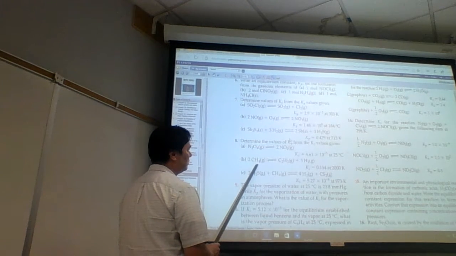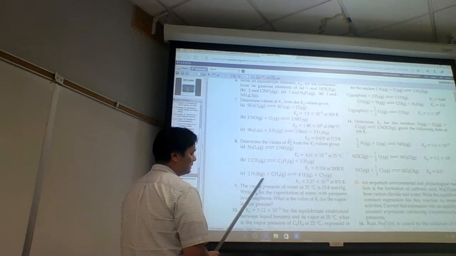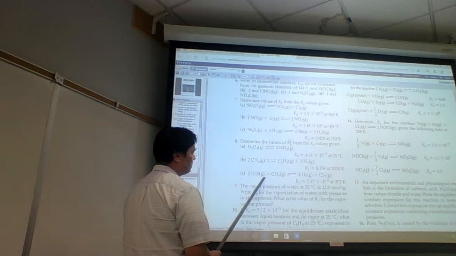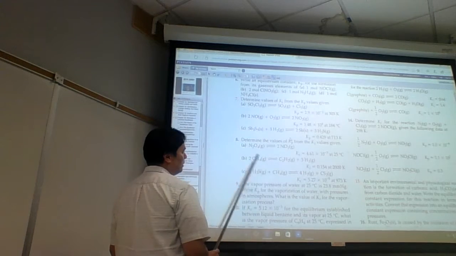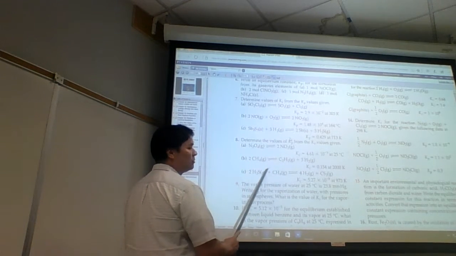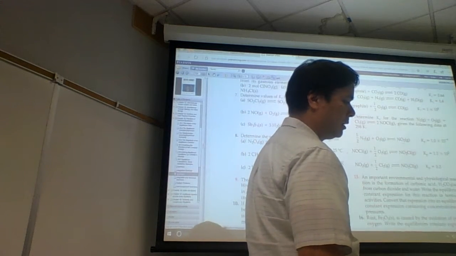This one? +2. And this one? +2. Yeah, that's all correct. The only thing that could trip people up is if there are solids and liquids in here. You can't count those in delta N of gas.